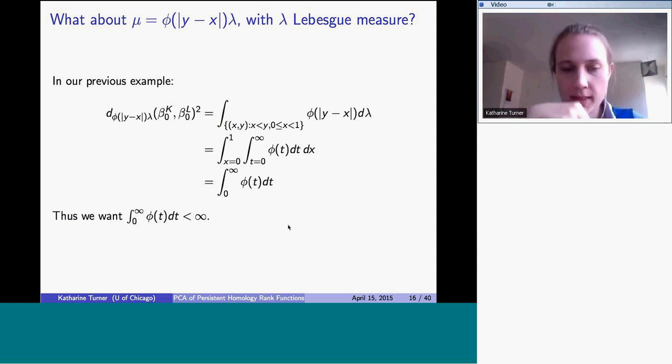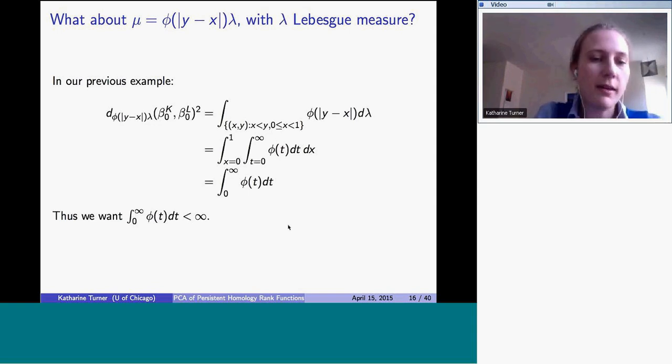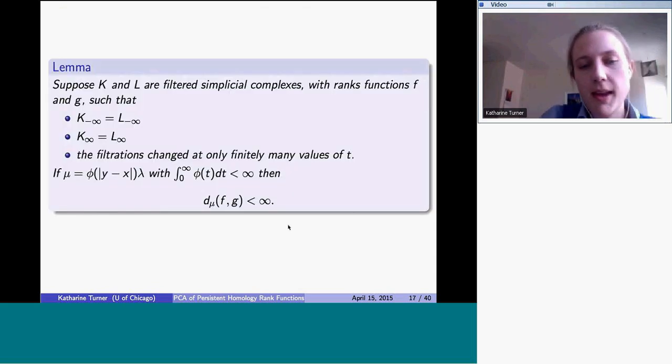Now this previous example won't be a problem whenever phi is integrable from 0 to infinity, because then along that strip the integral is finite, not a problem. And I guess the key point to say is that this is exactly the condition that will mean this will always work.